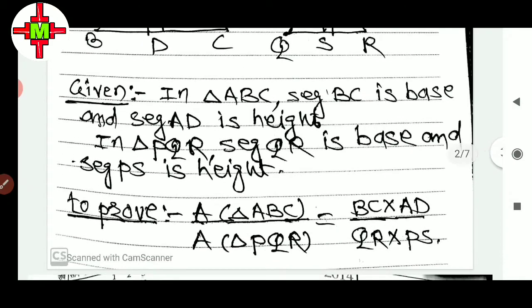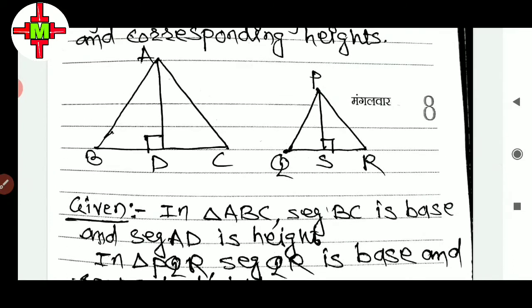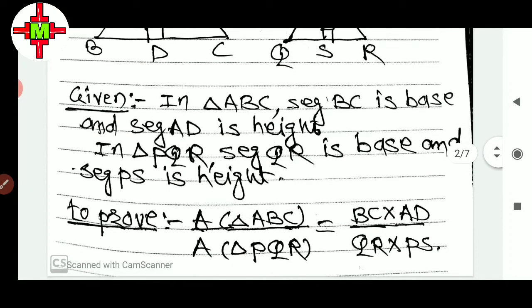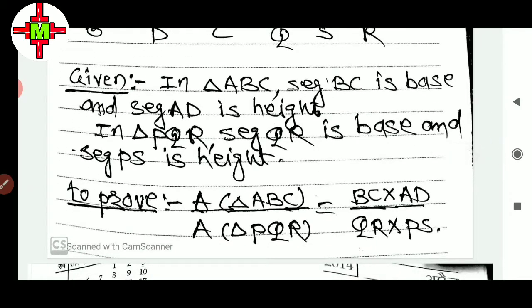We have to prove that area of triangle ABC divided by area of triangle PQR is equal to BC into AD divided by QR into PS. That means the ratio of the product of their base and heights.